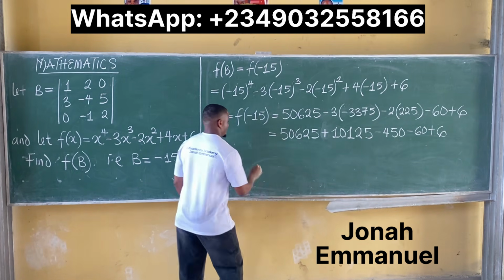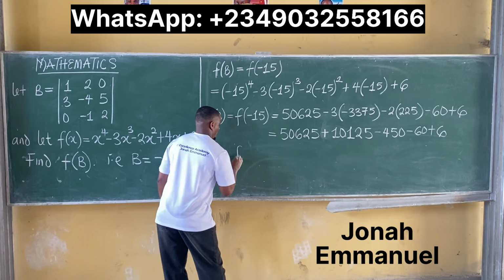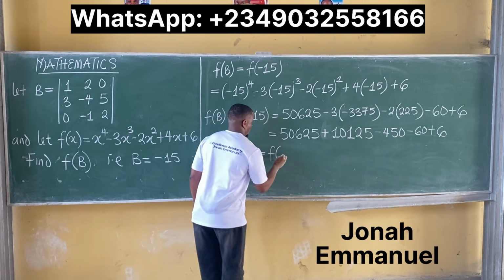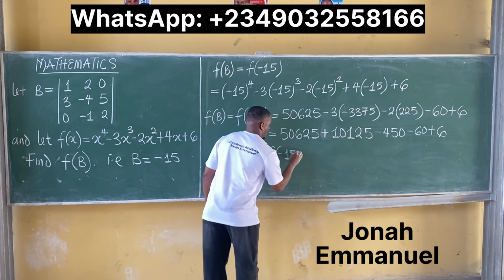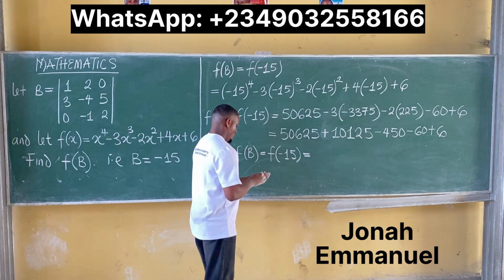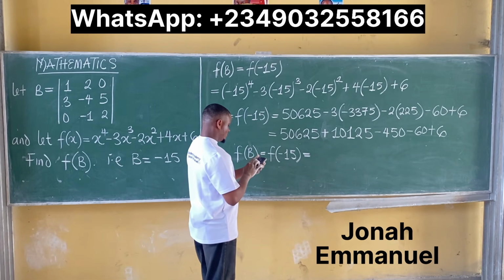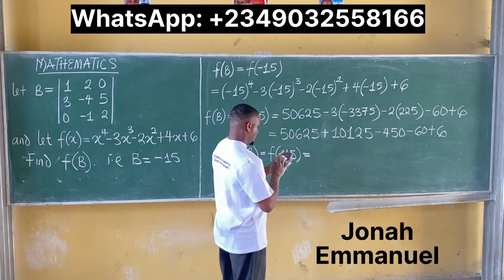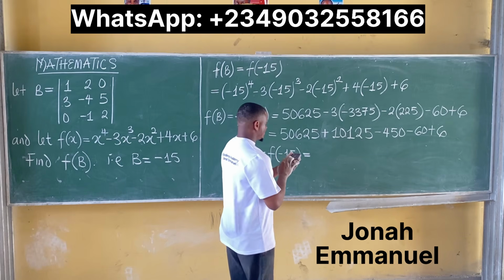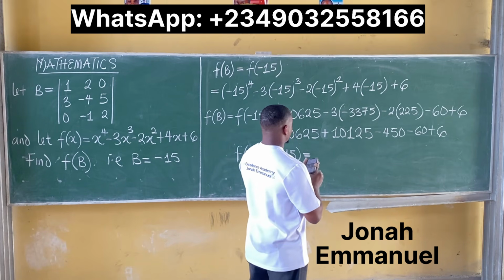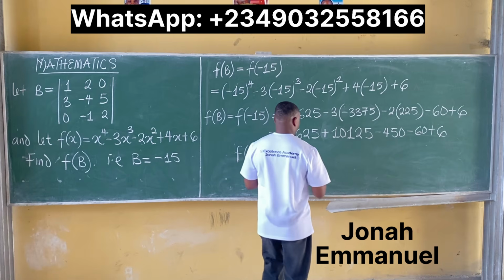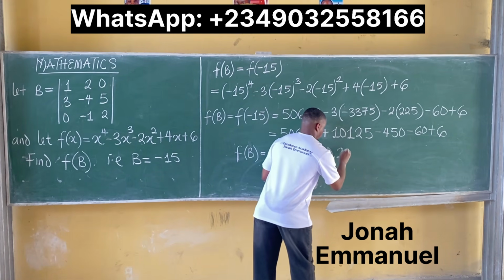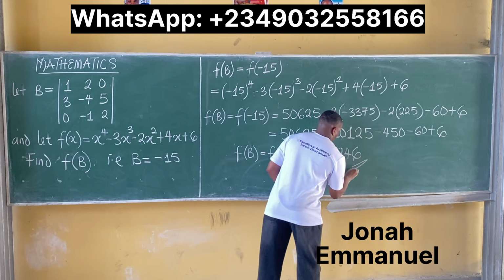So f of B, which is simply f of minus 15, is equal to 50,625 plus 10,125 minus 450 minus 60 plus 6. That will give you 60,246. All right, so that's your answer.